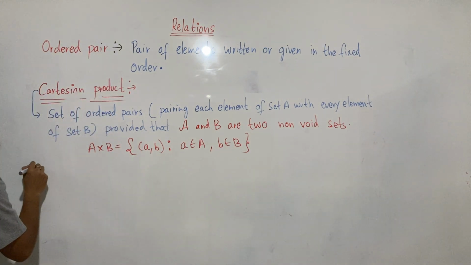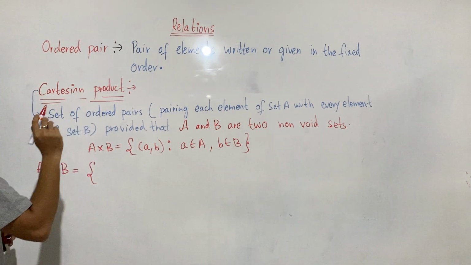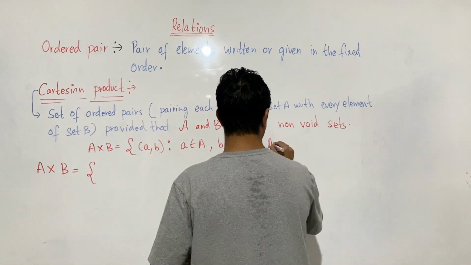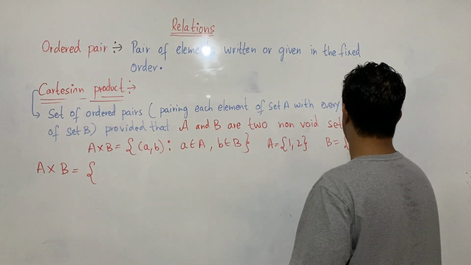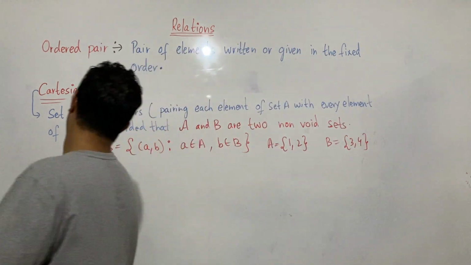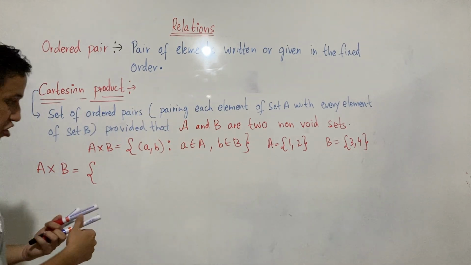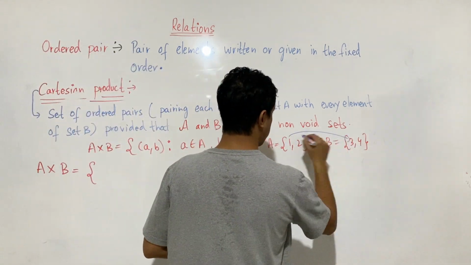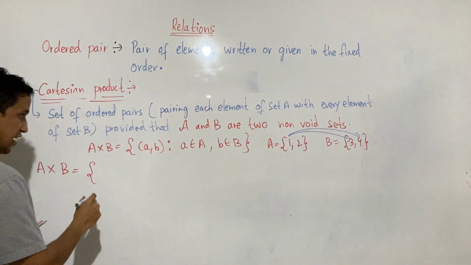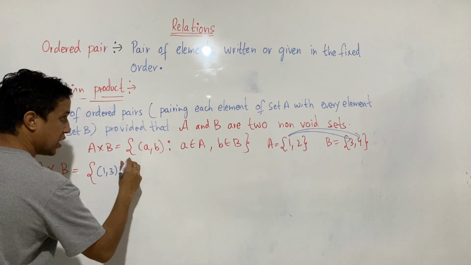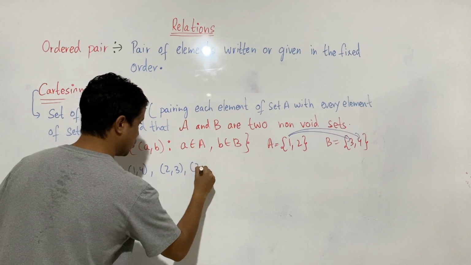Let's say I am given set A and set B. My set A is 1, 2, and set B is 3, 4. Now see here, if I have to find A Cartesian product B, then I have to make pairs of 1 with every element of set B. So it's going to be (1, 3), (1, 4), then (2, 3), and here (2, 4).